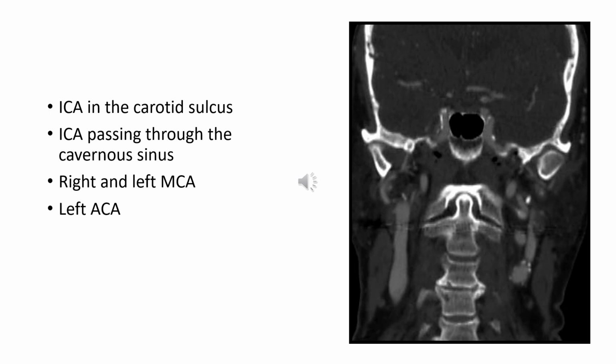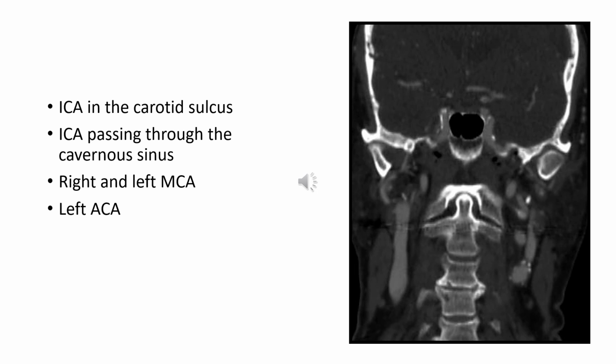This coronal slice is now at the level of the odontoid peg, and we can see the internal carotid artery within the carotid sulcus. So this is the red arrow. We can see it coursing superiorly either side of the air within the sphenoid sinus, indicated by the yellow arrows.